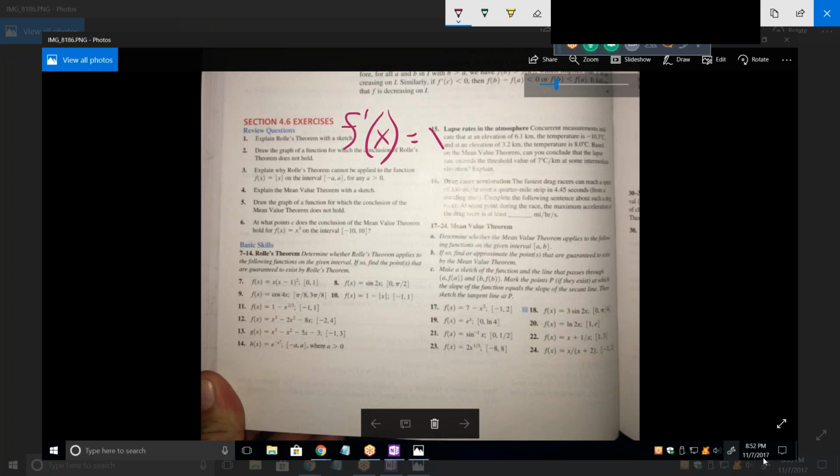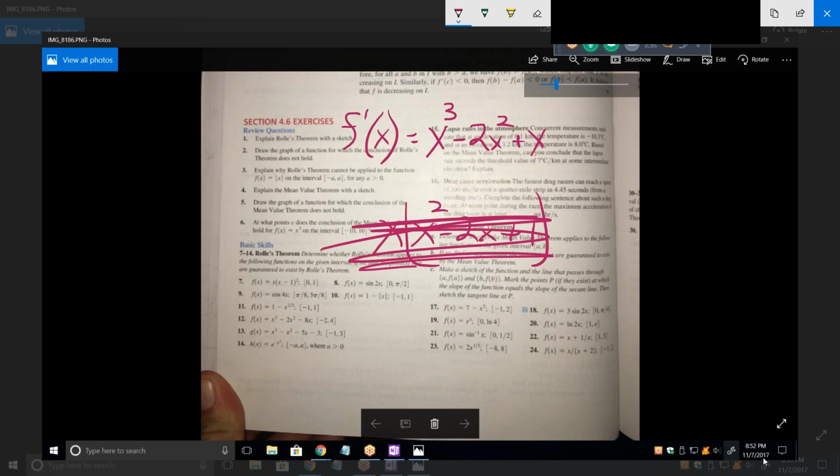That's x squared minus 2x plus 1, all times x. So that's x cubed minus 2x squared plus x. Okay. So that's the function.